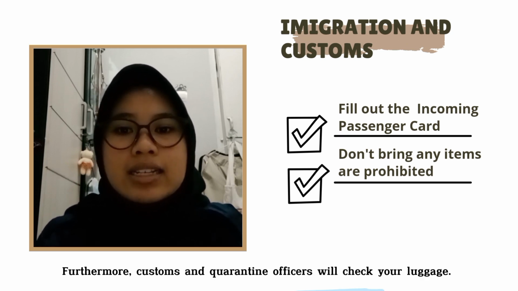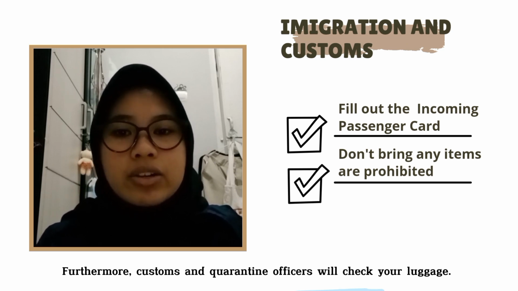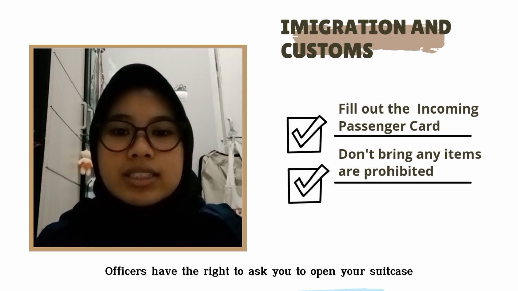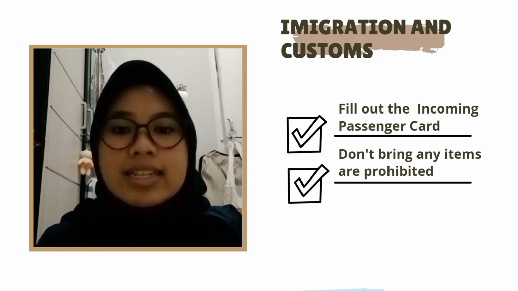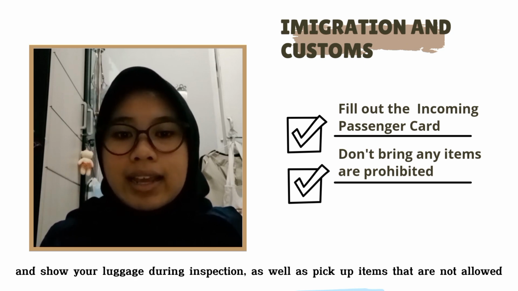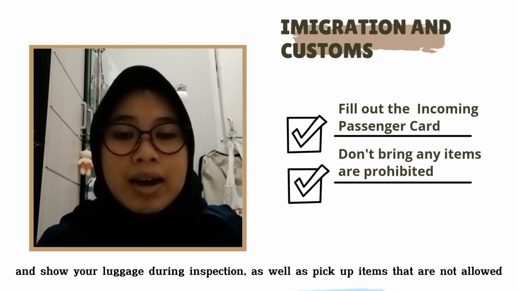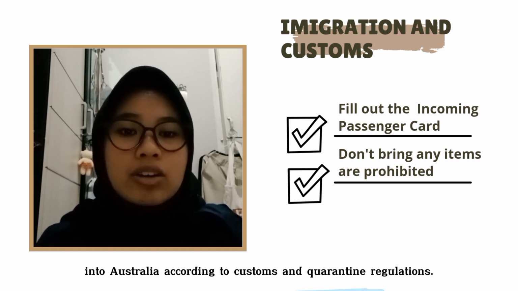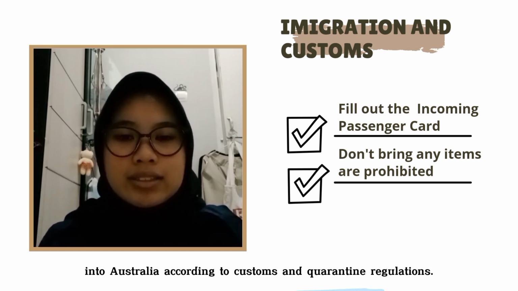Furthermore, customs and quarantine officers will check your luggage. Officers have the right to ask you to open your suitcase and show your luggage during inspection, as well as pick up items that are not allowed into Australia according to customs and quarantine regulation.